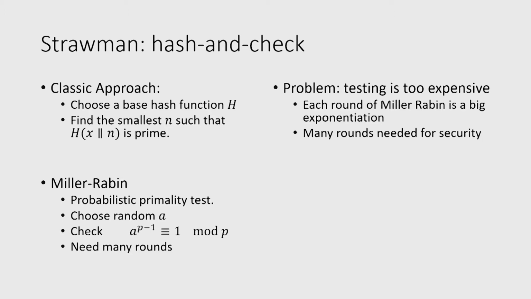This is the problem with this approach inside of a SNARK: these primality tests are rather expensive. You have to do a lot of exponentiations, and many rounds of this. So our goal was to find a technique for doing hash to prime that enabled the verifier to do fewer exponentiations, to do less work inside of the SNARK.